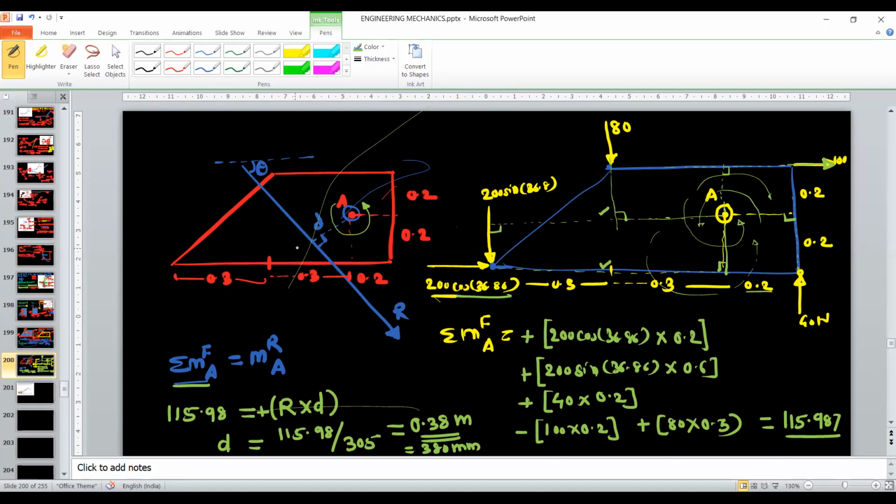So this is the perpendicular distance. If you want to find the horizontal distance, then, as the answer is positive, that means our assumed direction is correct. The resultant is on the left side.